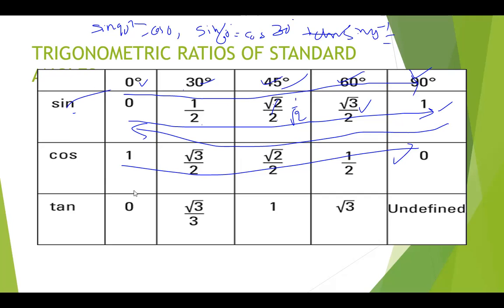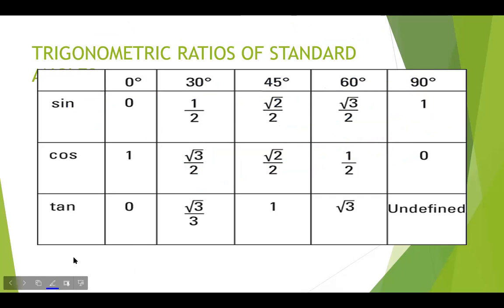So cos 0 becomes equal to 1. Cos 30 will be root 3 by 2. That is the ratio for sine 60 degrees. And then cos 45 is also 1 by root 2. This is also 1 by root 2.